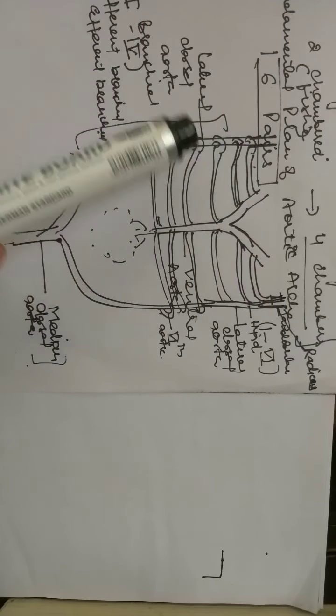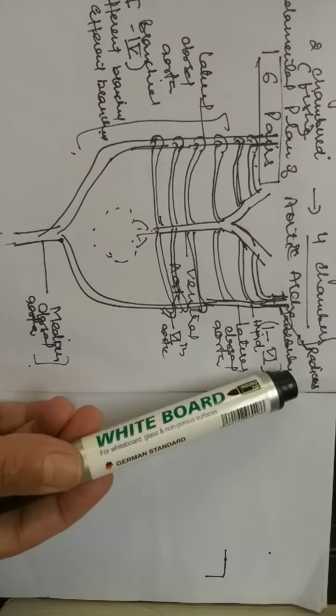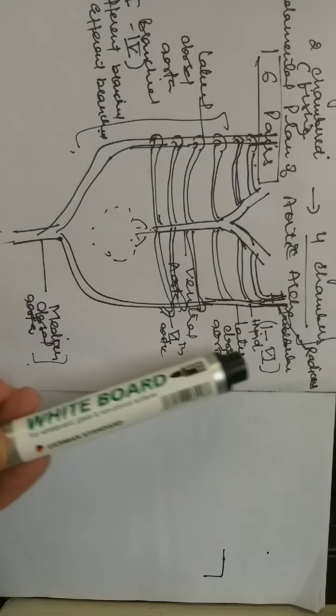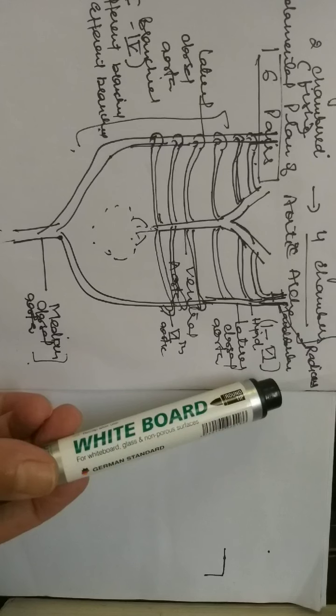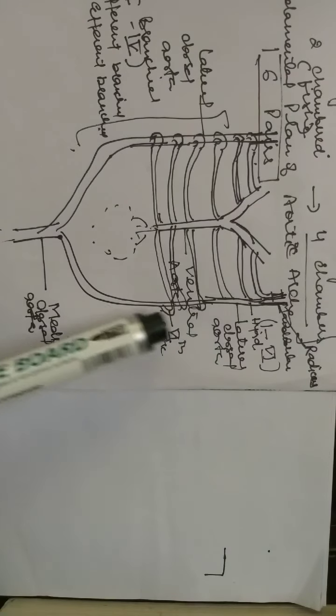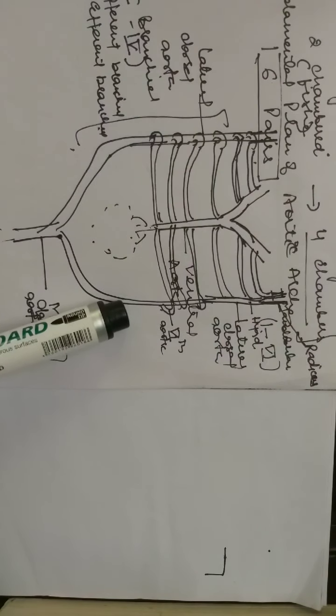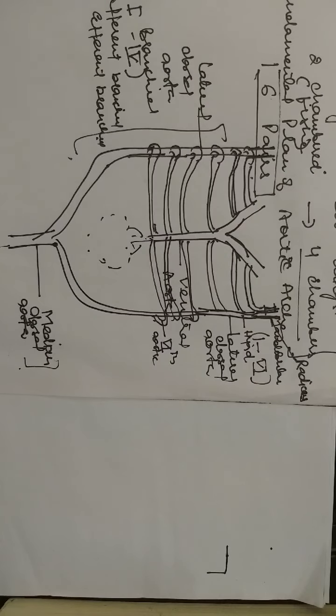First and second are respectively called the mandibular arch and hyoid arch, after the name of the visceral arches, and the rest are the 1 to 4 branchial arches, and they may have afferent branchial and efferent branchial arteries.